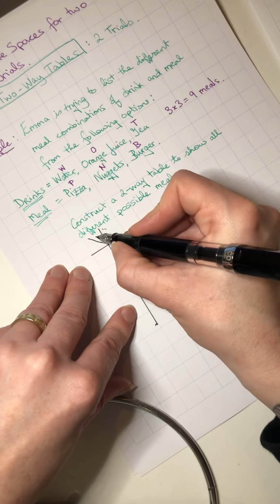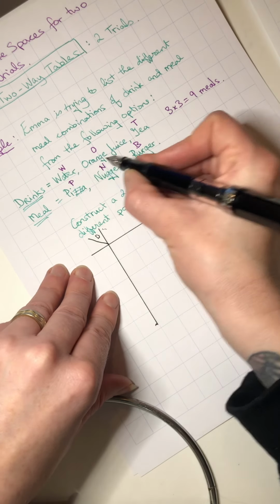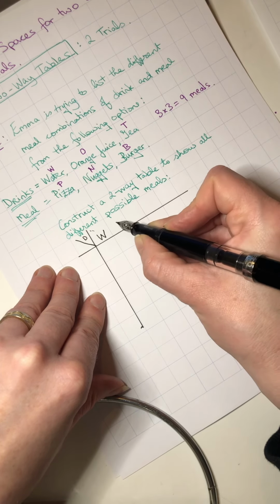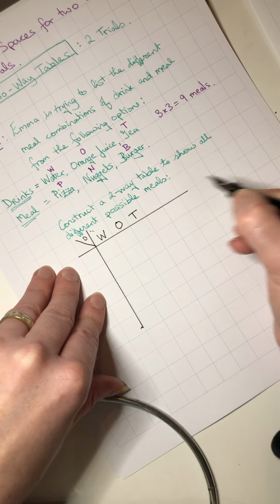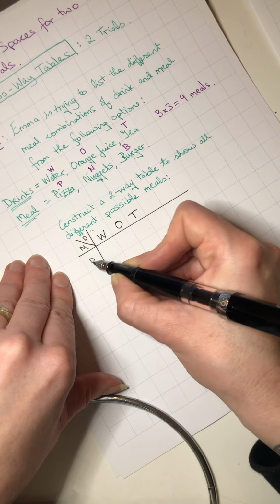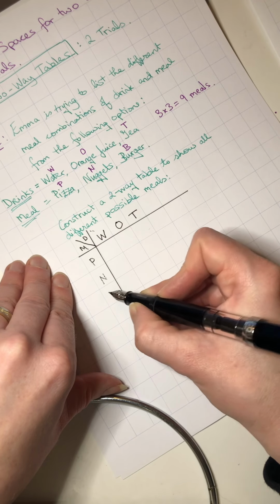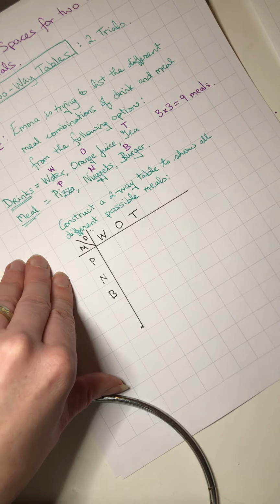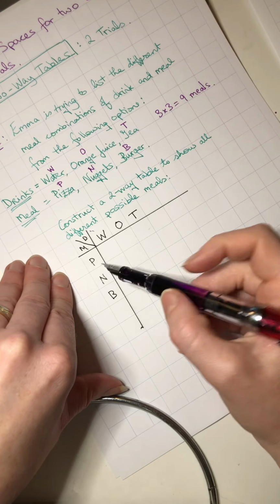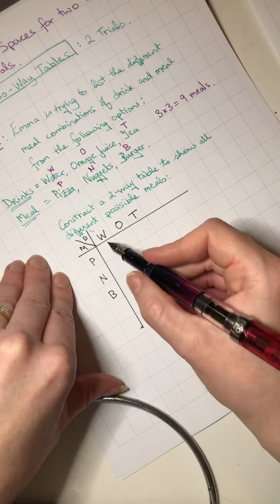I'm just going to use D for drinks, and I'm going to use each of my letters in turn. So I'll have water, orange juice, or tea going across the top, and my meal coming down here, pizza, nuggets, and burger. And then filling in the combination, I just put the two things together.